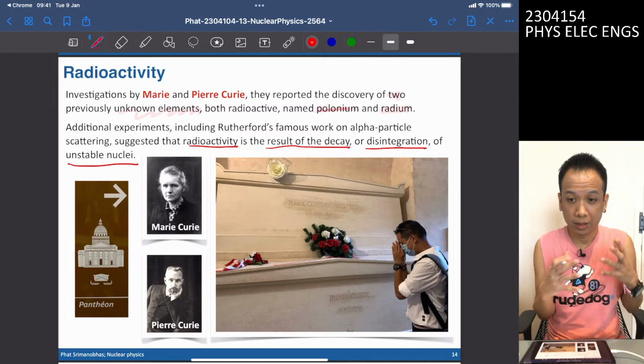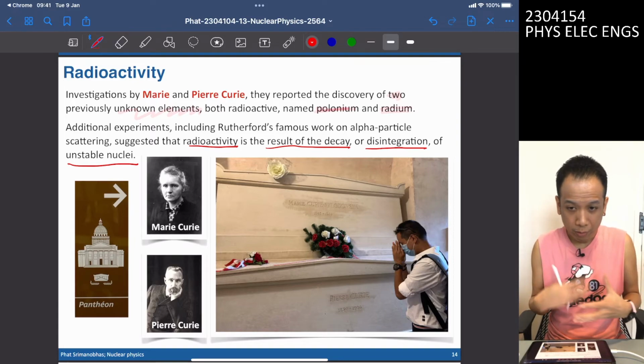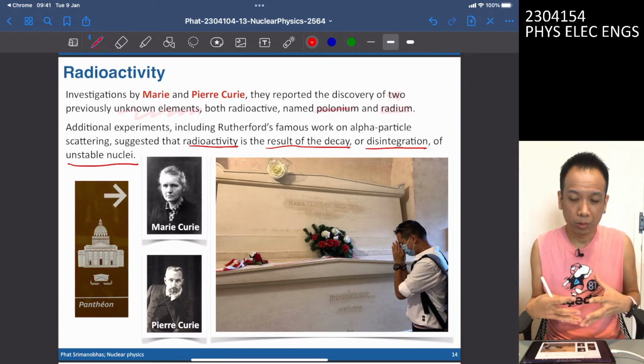So you have unstable nuclei, and they need to do spontaneous emission to become stable.